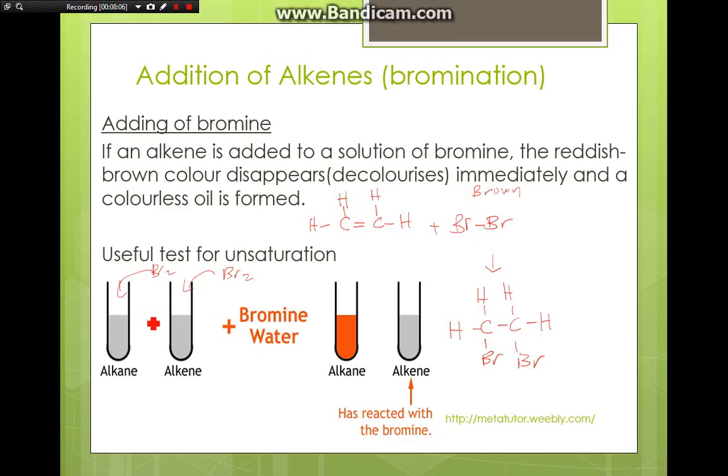Okay, we do give it a shake. The alkane will end up as a brown mixture because the bromines remain unreacted. Whereas for the alkenes, the bromine breaks up to add to the double bonds, and then it will be decolorized. So this is a very important test for unsaturation. Unsaturated molecules will decolorize bromine solution, whereas bromine solution will remain brown when added to saturated molecules.